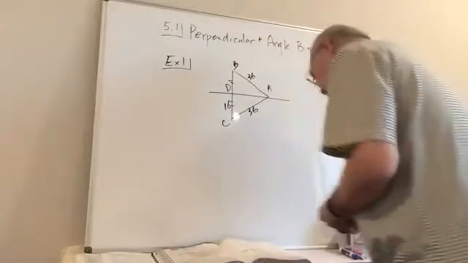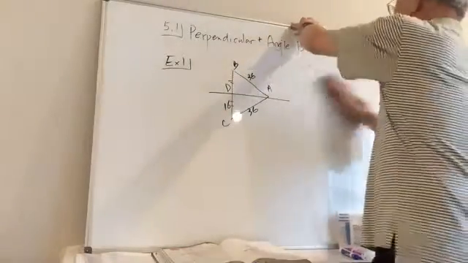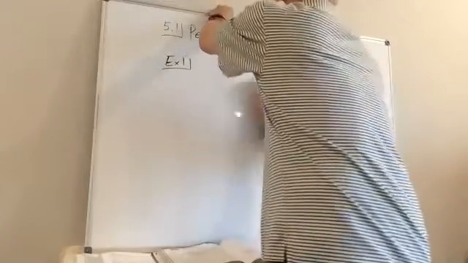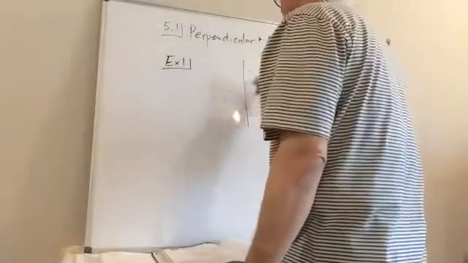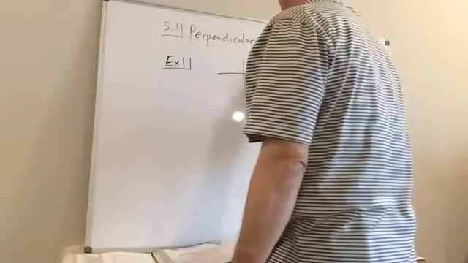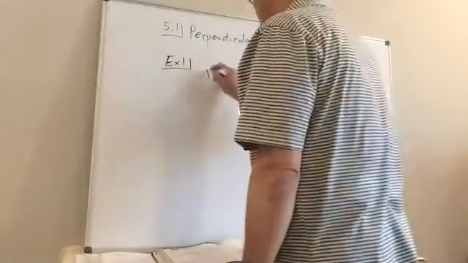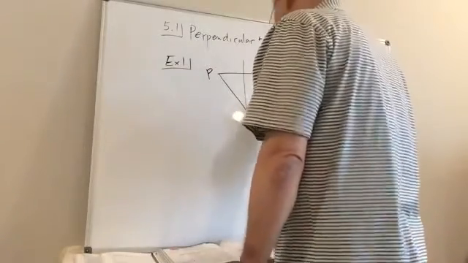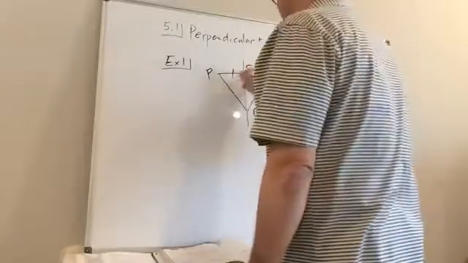Okay, and then the last one. Here we have P, Q, R, S, and we are given that this and this are the same.